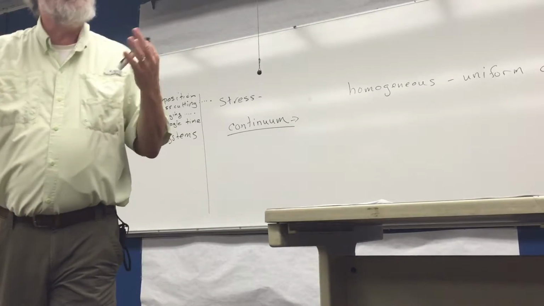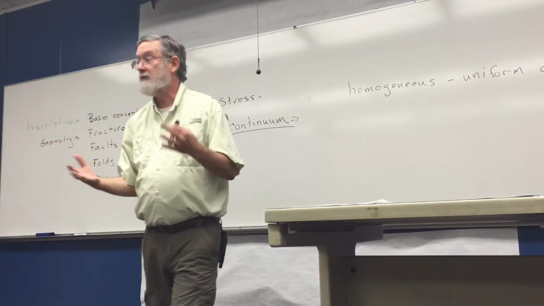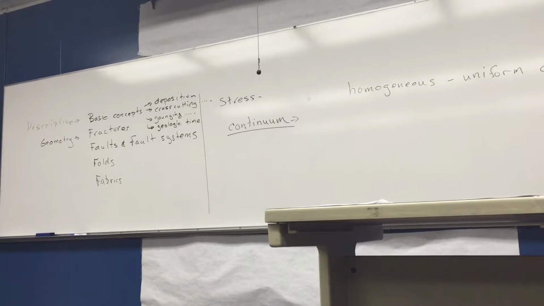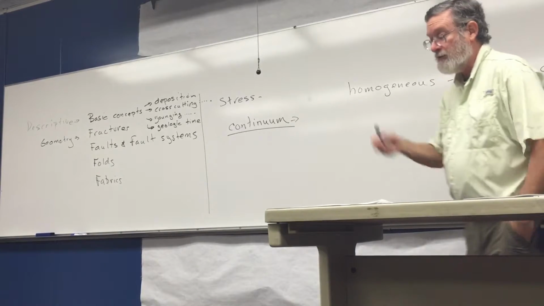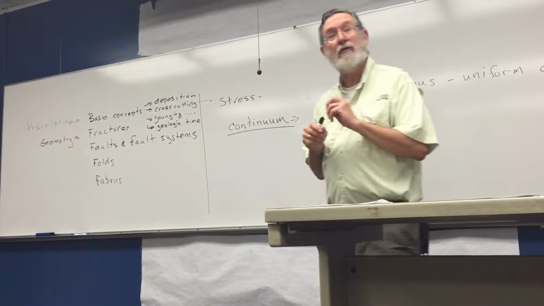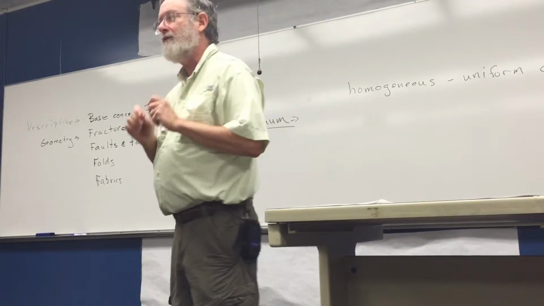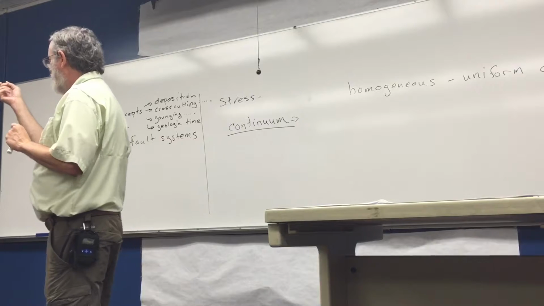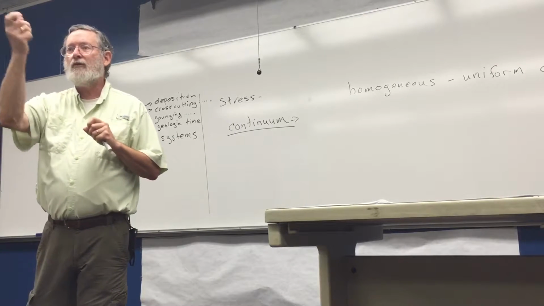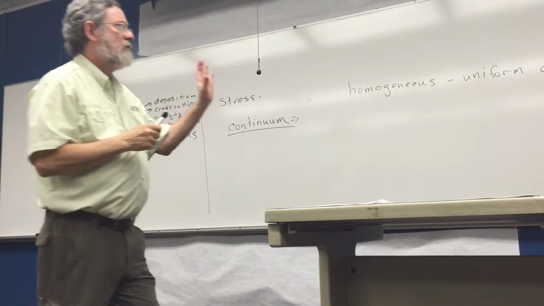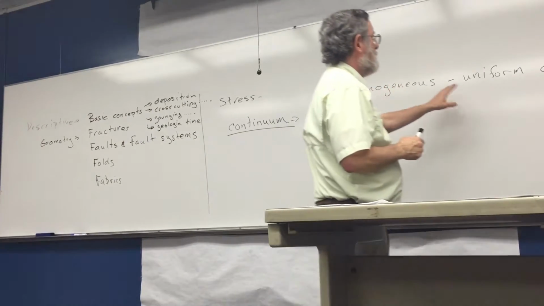No variance, no gradient in this particular system. So I have a uniform character. That might be composition. If I have a quartz crystal and I'm able to shrink down and go into the quartz crystal, then I would be able to, at a certain scale, we have to be careful of scale, I would always see silicon and oxygen. Quartz, quartz, quartz, everywhere we go. So the same uniform character.